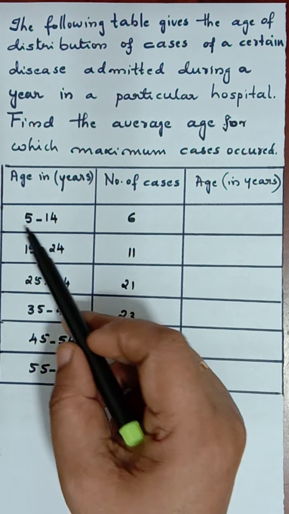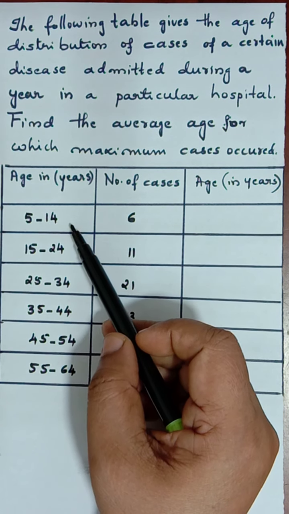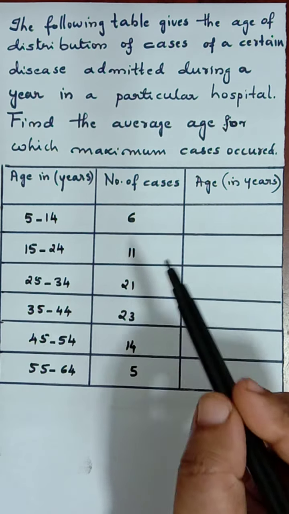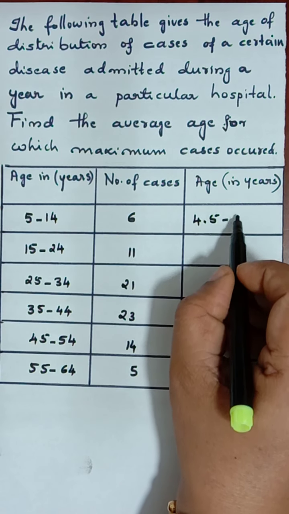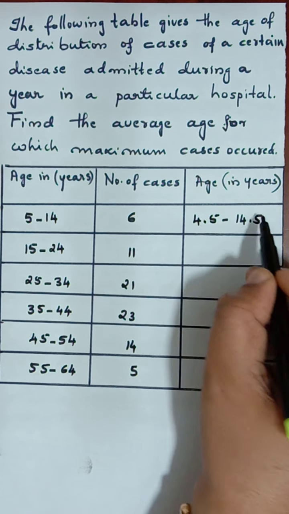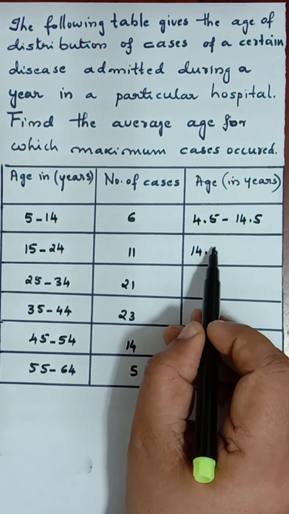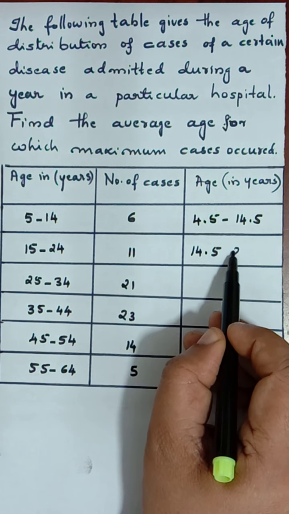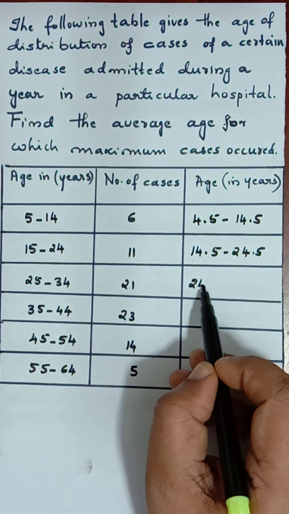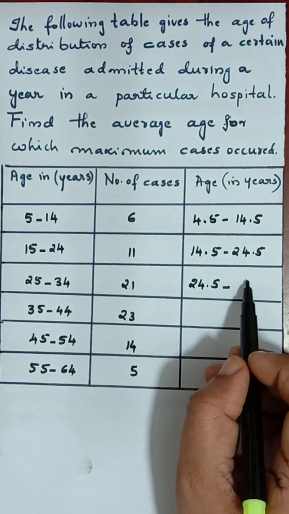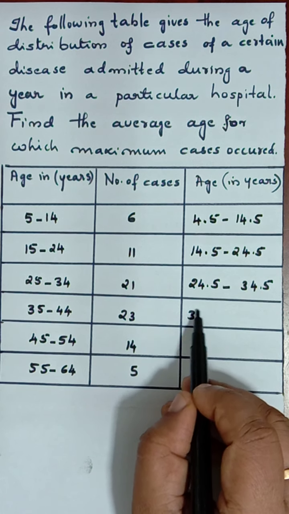That 0.5 should be subtracted from the lower limit and added to the upper limit. 5 minus 0.5 is 4.5. 14 plus 0.5 is 14.5. 15 minus 0.5 is 14.5. 24 plus 0.5 is 24.5. So this is how we are going to make it continuous: 0.5 you subtract from the lower limit and 0.5 you add to the upper limit.